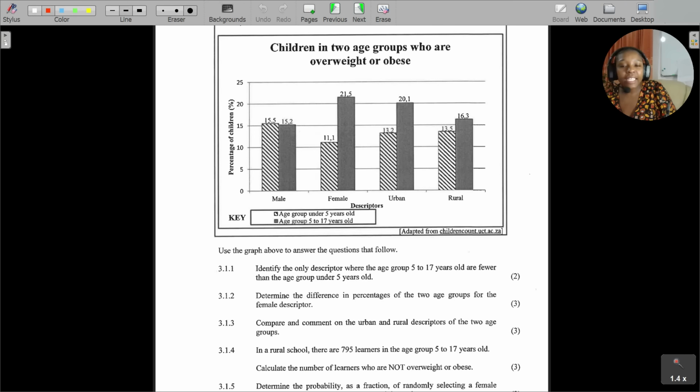So where is it fewer than? It's there. Where? Males. Because everywhere else, it's actually more than.